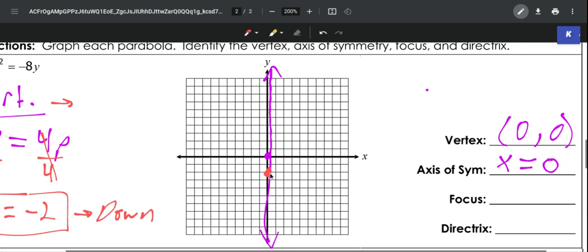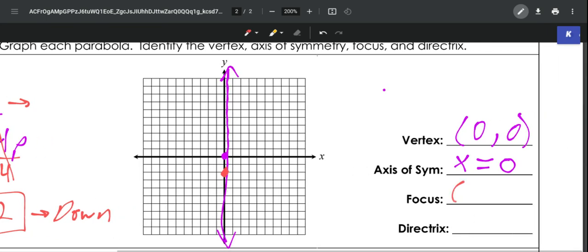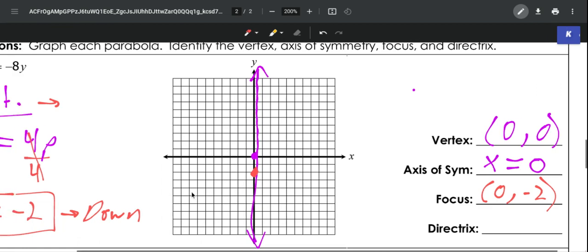So that red point there would be my focus, because it's 2 units away from the vertex, and we're going down 2 units. Since this is a vertical parabola, we're dealing with the y-axis. P was equal to -2, so we're going down 2. So that point would be at (0, -2) for our focus.